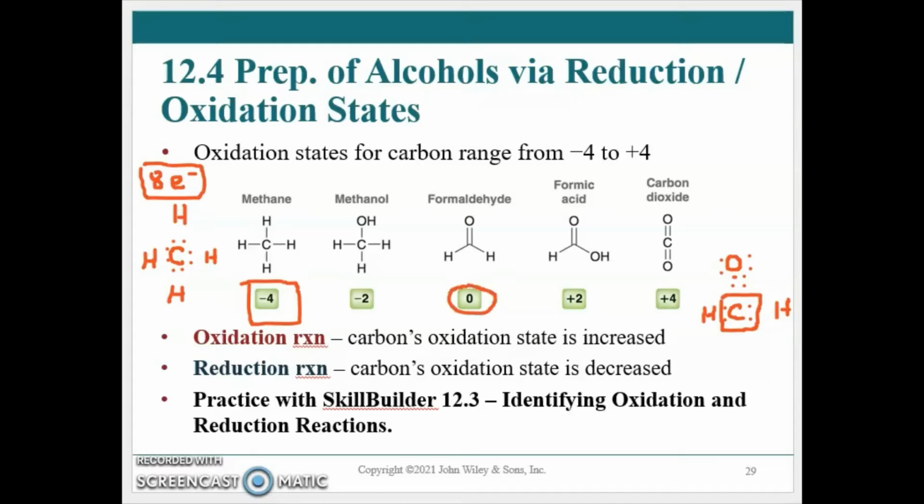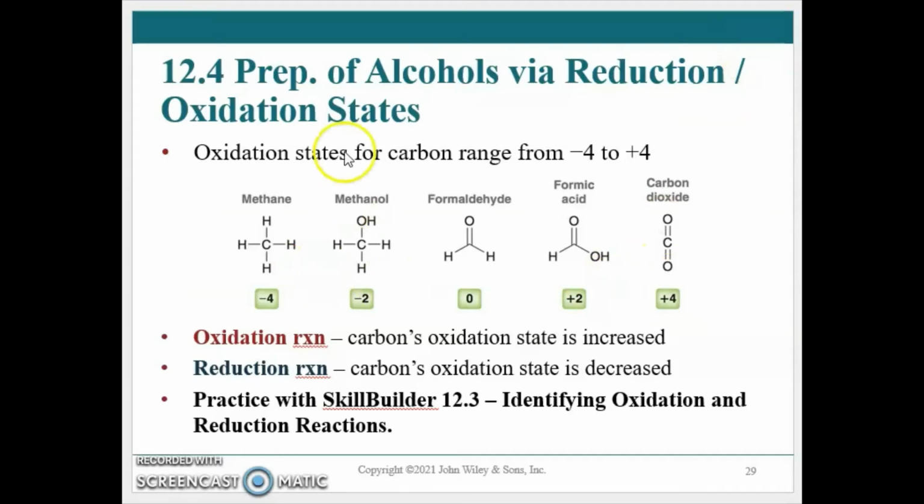Hopefully this follows, and you recognize that formic acid and carbon dioxide would give +2 and +4 respectively. In an oxidation reaction, we're increasing carbon's oxidation state. Going across this series of reactions, carbon's oxidation state is increasing.